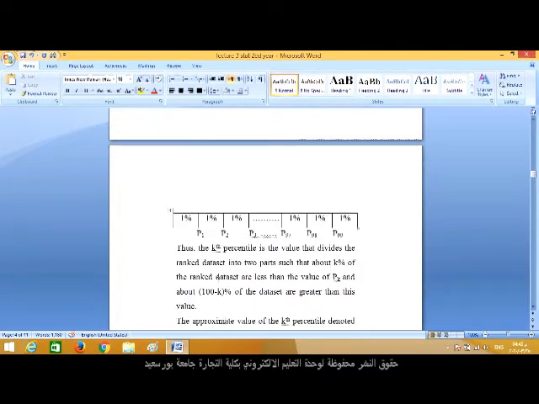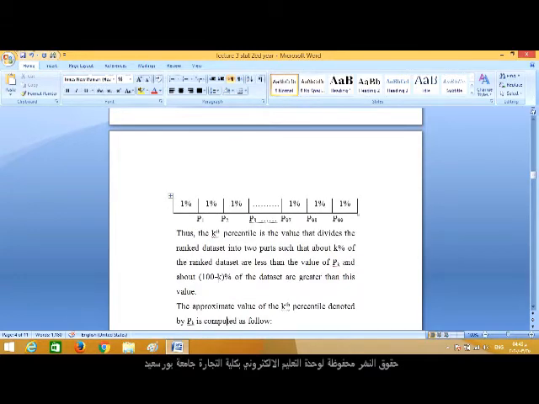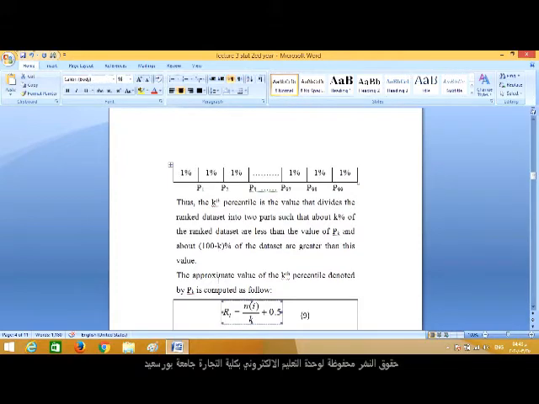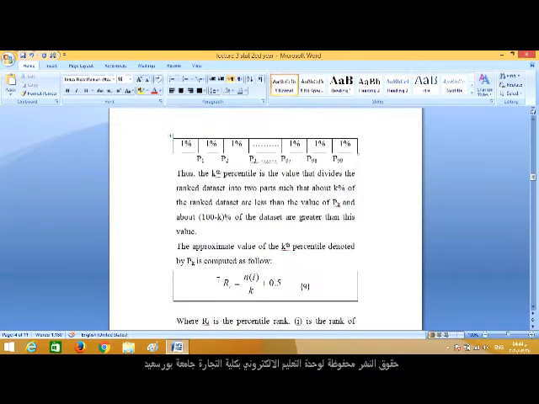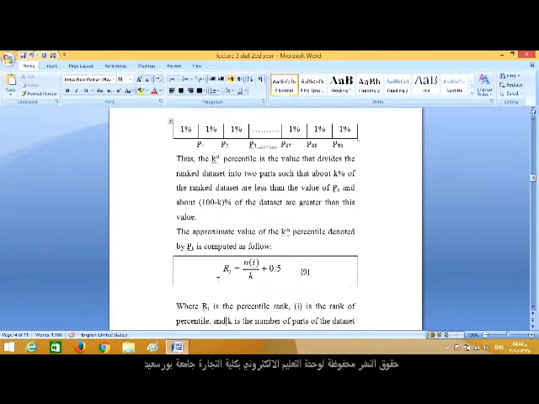The approximate value of the kth percentile, denoted by Pk, is computed as follows. Ri equals n multiplied by i divided by k, then plus 1/2, where R is the percentile rank and i is the rank of percentile, okay?